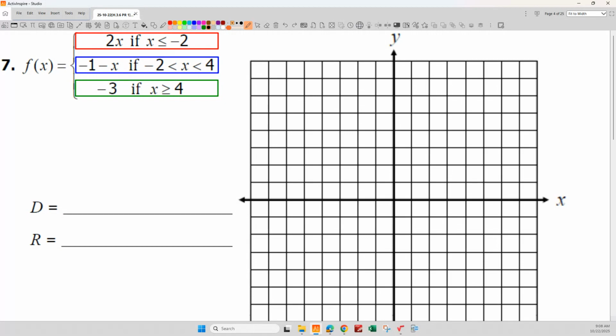So what if I wanted to calculate the output value when I'm inputting, let's see, how about -1.3? How would I do that? Evaluating just means I'm plugging in an x value and calculating the output value, the y value. What would I do?